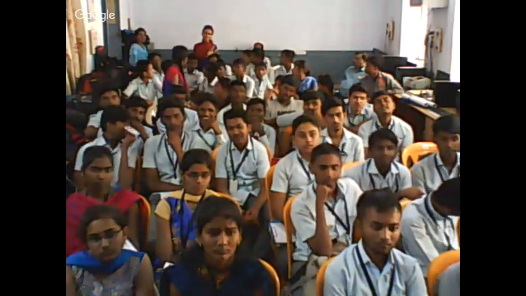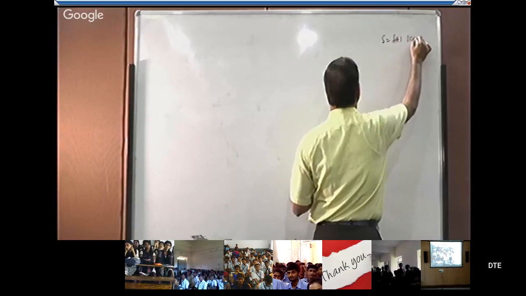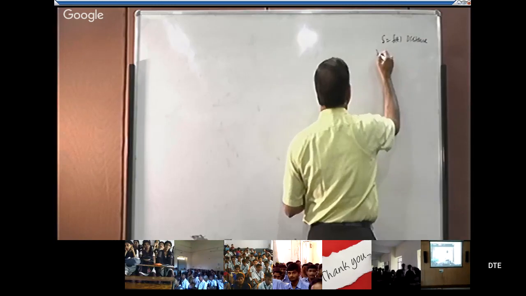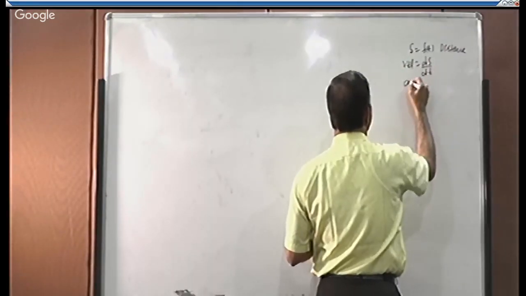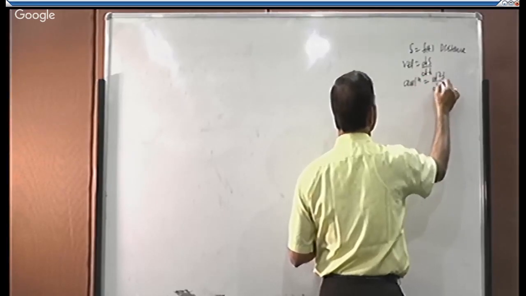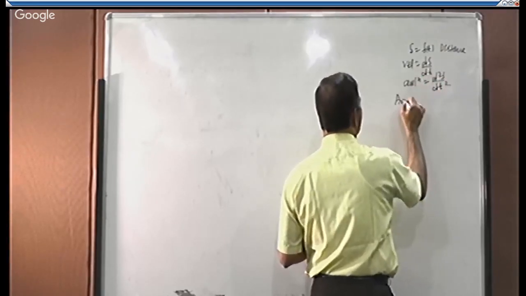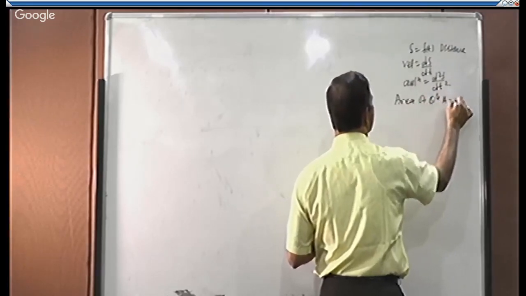So S is equal to f of t is what? Distance, right? Then what is velocity? ds by dt. What is acceleration? It is d square s by dt square. Area of circle, A is equal to pi r square.